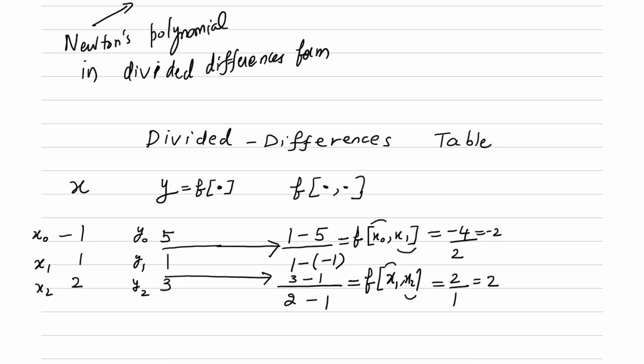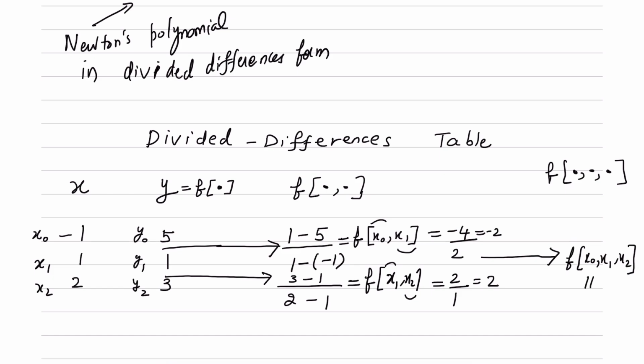So we can put an arrow between minus 2 and 2. We will get the value for the third column. The third column will have f of square bracket with 3 x values inside, so we have put 3 dots. The first value that we are going to get here is f of square bracket x0 x1 x2. And how do we calculate this?